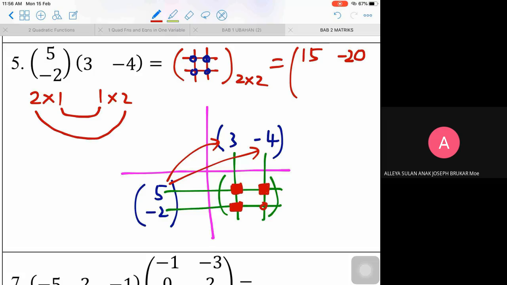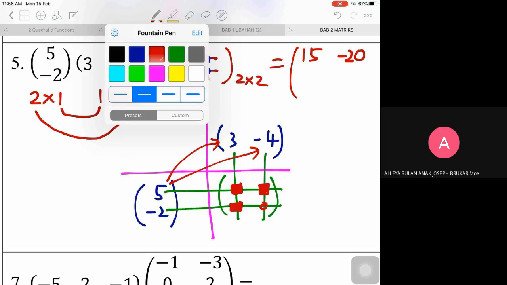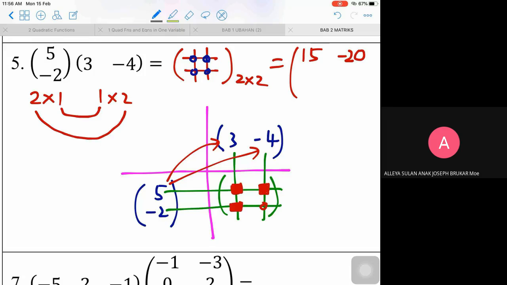Saya tukar warna, ini ya, second row, first column ini. -2 times 3, -6. And then for the last one is second row, second column. -2 times -4, 8.